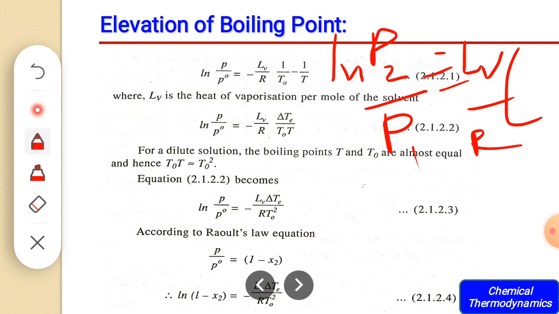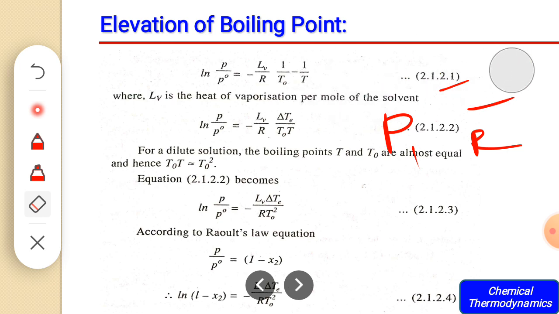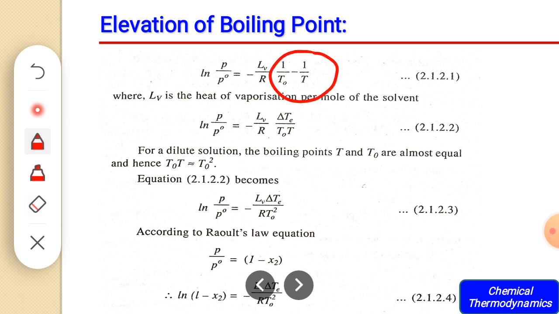This is a simple way to express the equation, and it is applicable to the curve where the temperatures are indicated by T and T0, and pressures P2 and P1 indicated by P and P0.